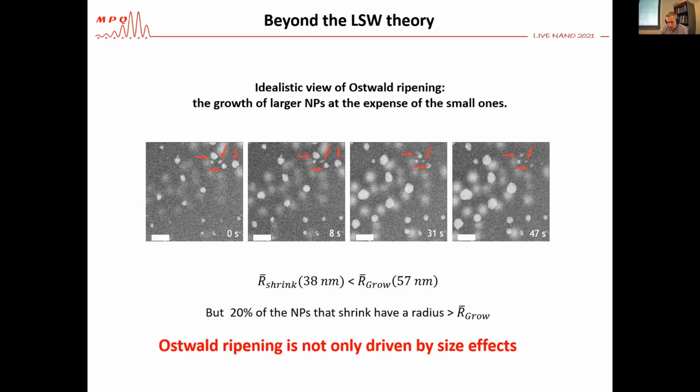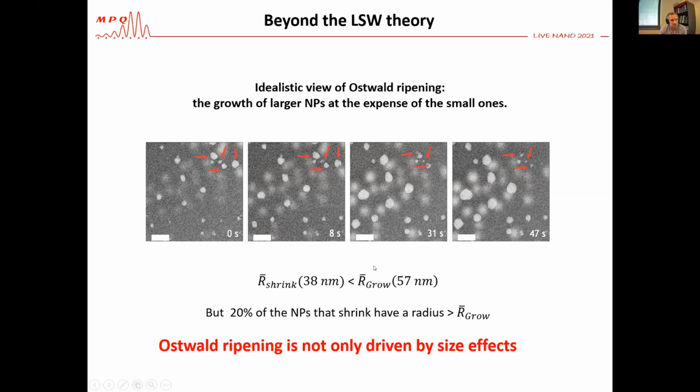If you look at the textbook, you will probably read this idealistic view of Ostwald ripening, which says that it is the growth of the larger particles at the expense of the small ones. And in this experiment, we realized that this common view of Ostwald ripening is not completely true, because on average, yes, the particles that shrink have a mean size that is smaller than the particles that grow.